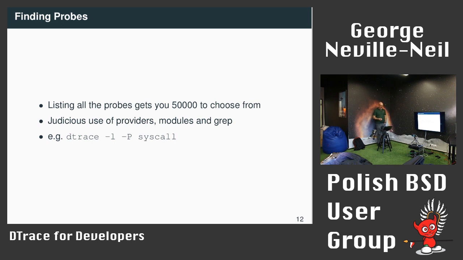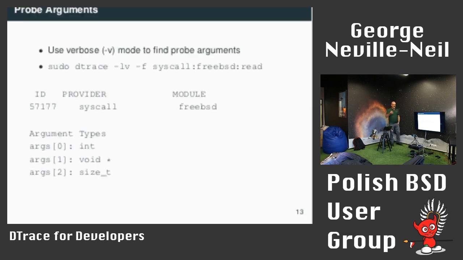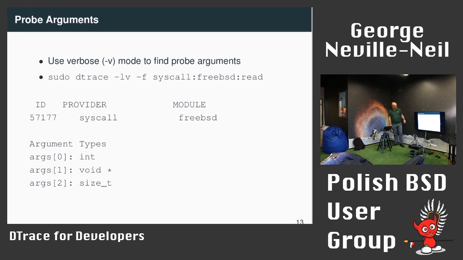The other cool thing, so DTrace doesn't just know about functions, it knows about arguments, right? Because it's got your object code. So you can say -lv, for instance, and it'll say, well, not only here's the probe point, but here are the arguments, right? And we know, for those of us who've worked with Unix a long time, reads have a file descriptor, which is an integer, a pointer to a buffer, and then the size, hopefully the correct size, of the buffer.